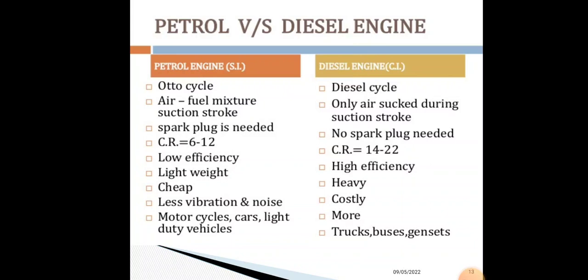A spark plug is needed in the petrol engine, but in the diesel engine no spark plug is needed. The compression ratio is 6 to 12 in the petrol engine, but the diesel engine compression ratio is 14 to 22. The petrol engine has lower efficiency, but the diesel engine is a high efficiency engine. The petrol engine is lightweight, the diesel engine is heavyweight. The petrol engine has less vibration and noise, but the diesel engine has high vibration.